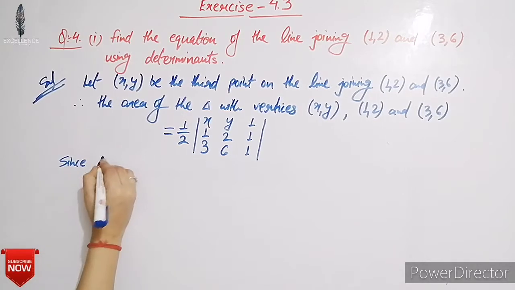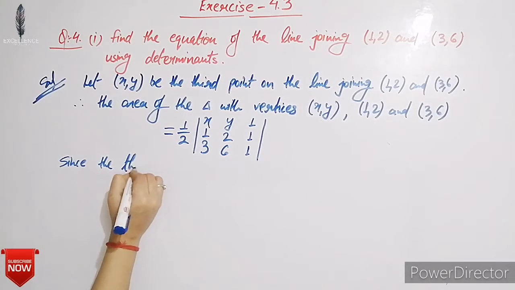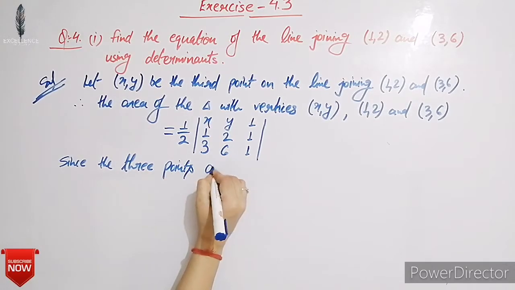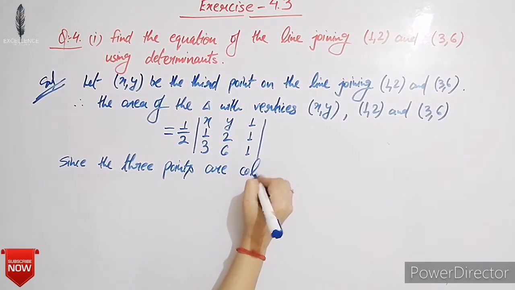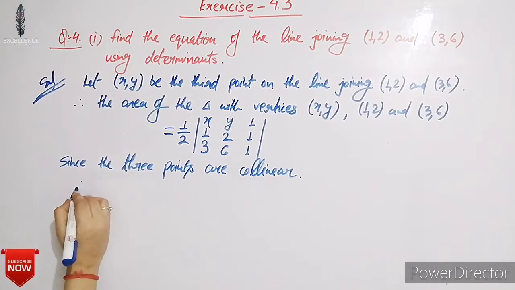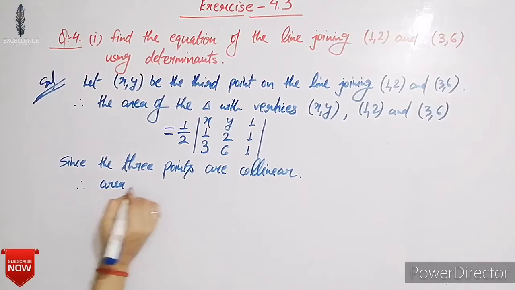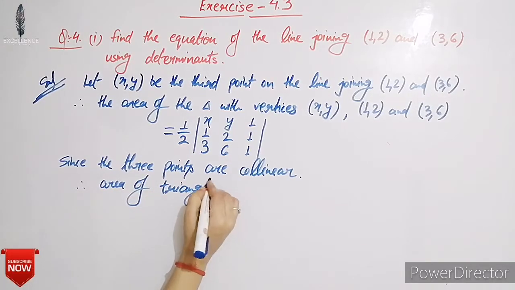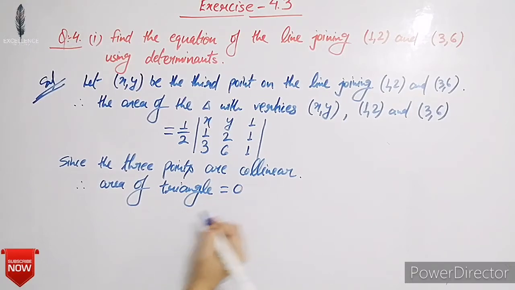Since these 3 points are collinear, the area of the triangle must be equal to 0. Area of triangle is equal to 0.